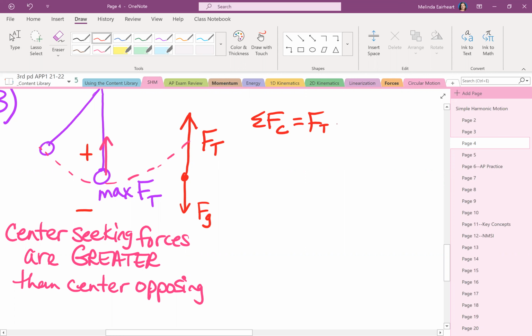So I'm going to write FT minus FG, but not because of up and down. FT has to be bigger, center seeking, positive direction. And so to solve for tension, we'll add FG.